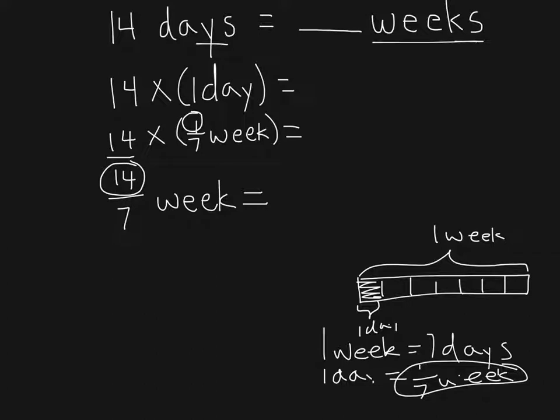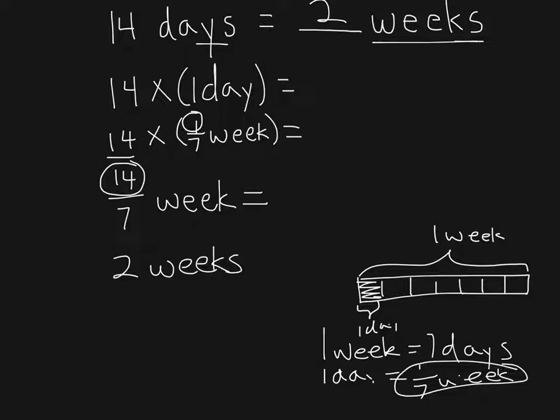And I can take out 7/7 2 times. So my answer here will be 2 weeks. Now, you may notice that although we multiplied, at the end, what we actually did was divide.